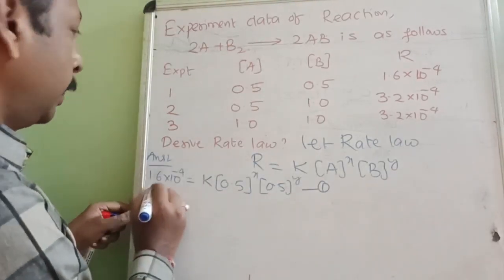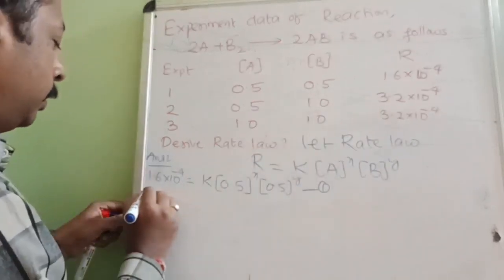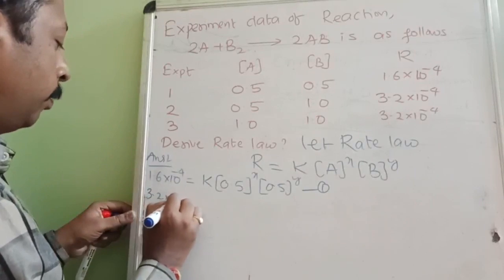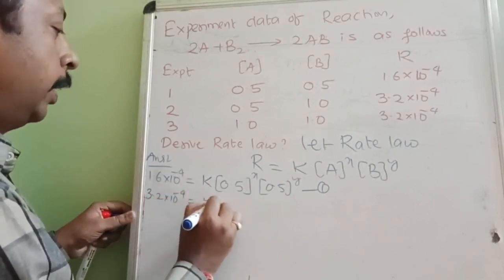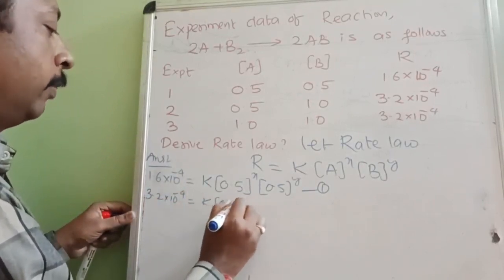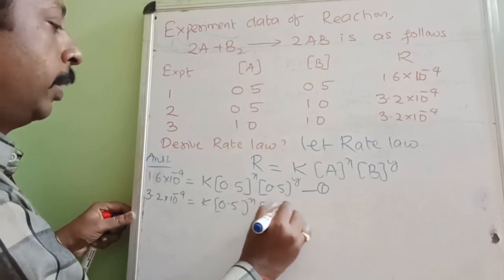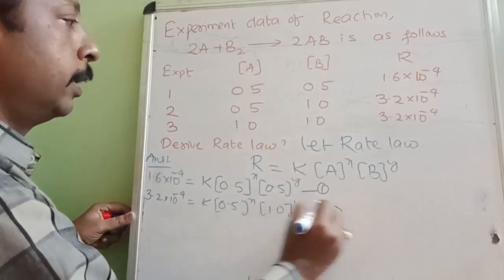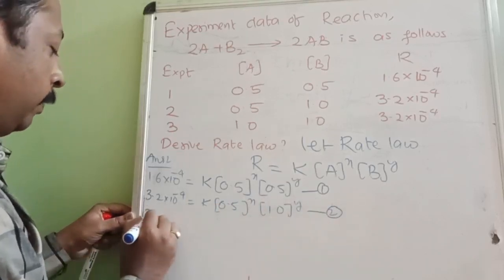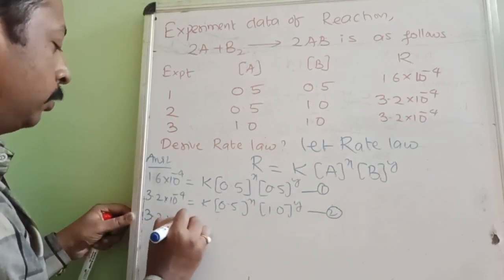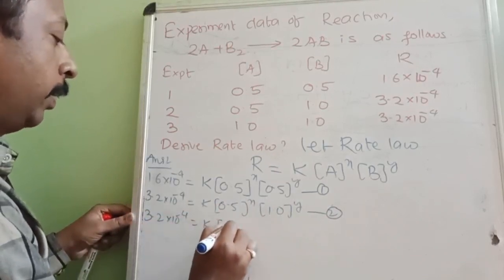Next, coming to the second equation, it is 3.2 into 10 to the power of minus 4 is equal to K into 0.5 to the power of X, 1.0 to the power of Y. This is the second equation. Likewise, I am substituting the third values also in the respective places.